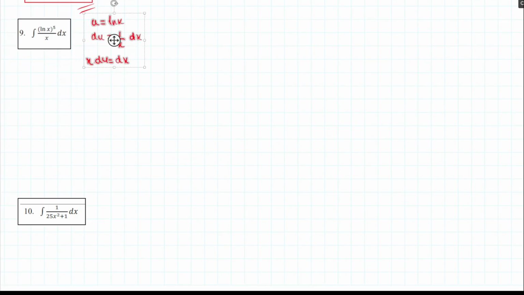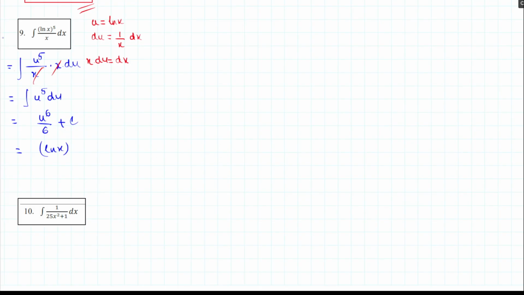So now rewrite this integral. Integral of (ln x is u) to the power 5 over x times dx equals x du. Here x gets cancelled, so this integral becomes the integral of u to the 5 du, and the integration of u to the 5 is u to the power 5 plus 1 over 5 plus 1, that is u to the power 6 over 6 plus c, and u equals ln x.